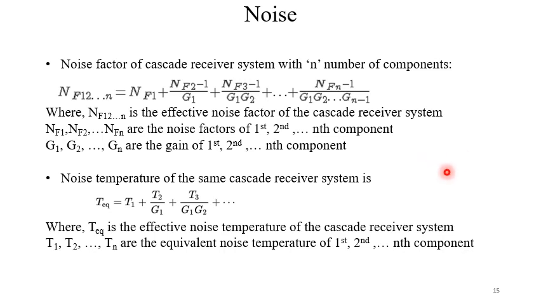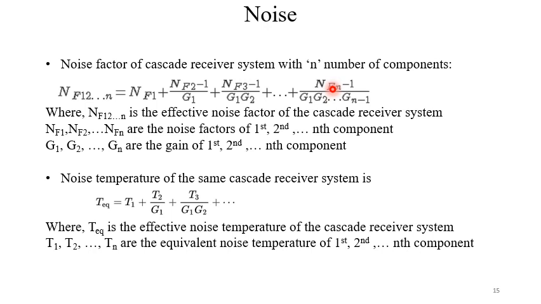Now in the previous slide we have discussed the noise factor of a particular system. If a number of components are cascaded together to form a system, then we have to calculate the overall noise factor or overall noise performance of that whole system. If we have n components cascaded together, then the equivalent noise factor can be written as NF1 plus (NF2 minus 1) divided by G1, plus (NF3 minus 1) divided by G1 G2, and so on.